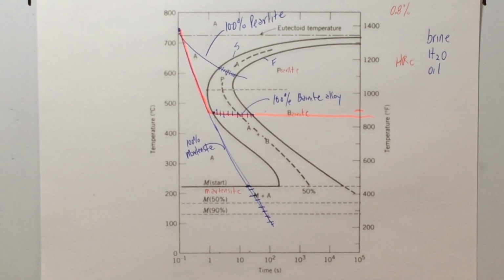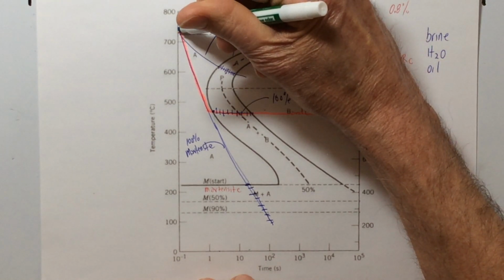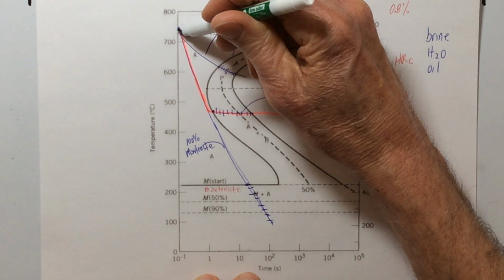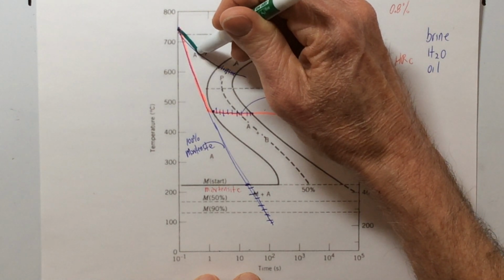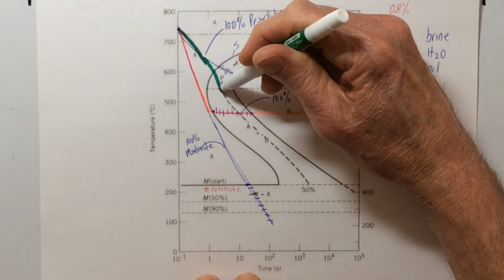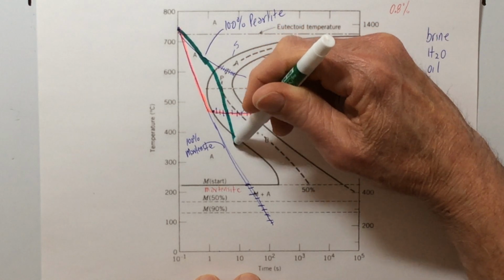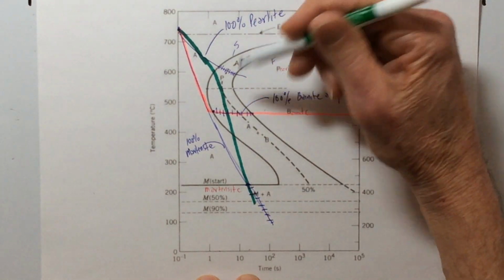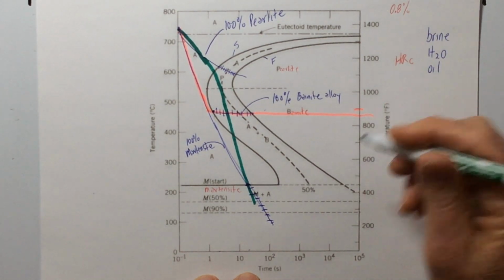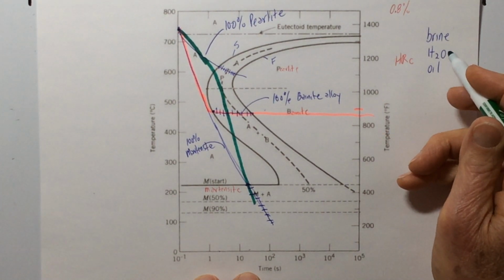Let's say you came down here and you had a cooling rate, and it went something like this, where it came down and it entered perlite like this. Something like that. All right, based upon one of these quenching media here.